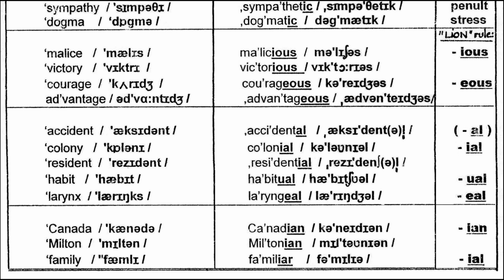The next word is the word colony. Colony, and when we add the stress shifting suffix and the line rule ial suffix, it becomes colonial. So stress on the penult as usual. Colony, colonial.